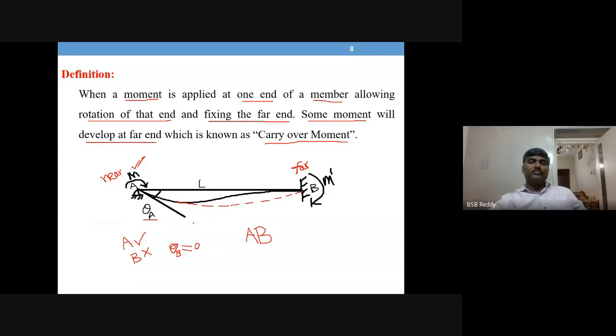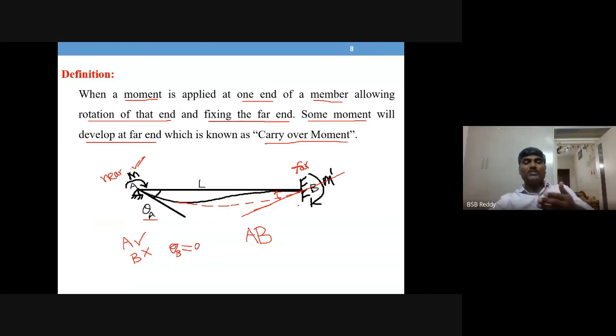This end also should rotate, so theta B will be possible when B is allowed rotation. When you allow rotation at B, this will be the deflected shape. Whereas what you are doing is fixing.